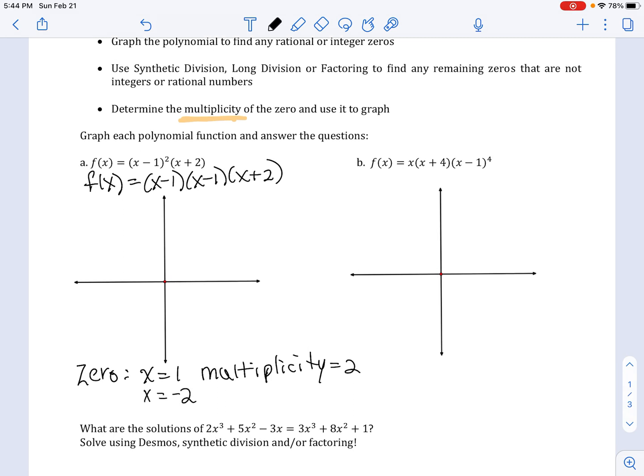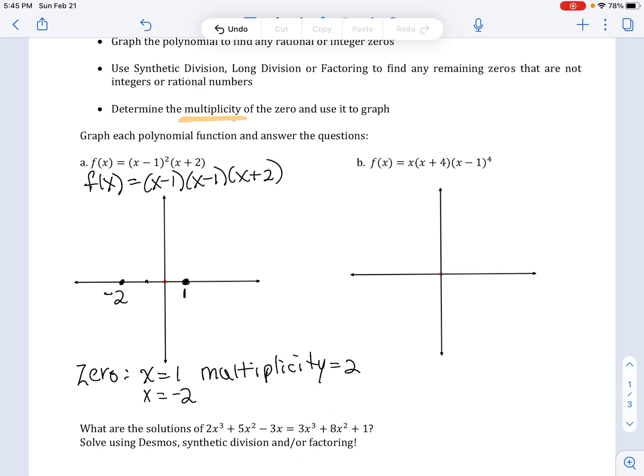So I'm going to go ahead and put a dot at 1 and a dot at negative 2. What is also helpful when graphing polynomials where you already know the zeros, because these types of polynomials, we don't have to solve for the zeros. It comes in the form where you can determine the zeros by looking at the factors.